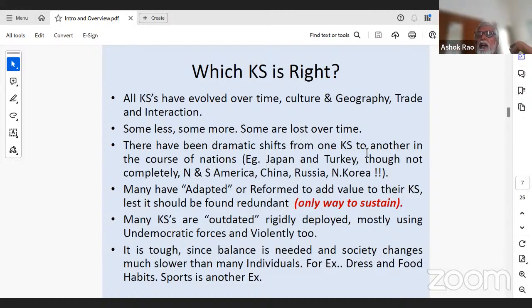Turkey also did that, though not completely. North and South America are completely now Western knowledge system, even though just 500, 600 years back, they had nothing to do with the Western knowledge system. Same is China. China suddenly changed from one philosophy to another. Russia also did that. Of course, North Korea is another strange example.